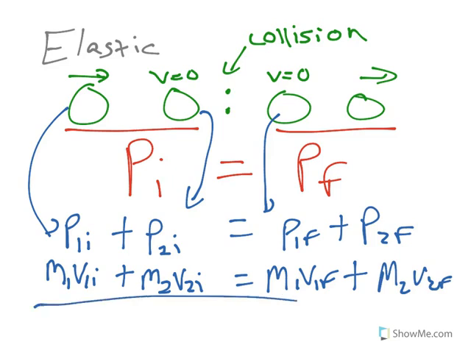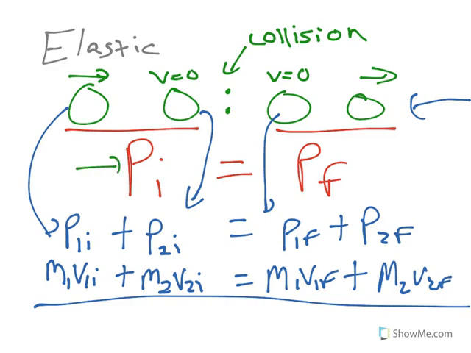Alright, so this would be your final formula. And if you know that it's an elastic collision, you should be able to draw this picture, and then after that, figure out the formula. Okay? If momentum is conserved, this has to be true.